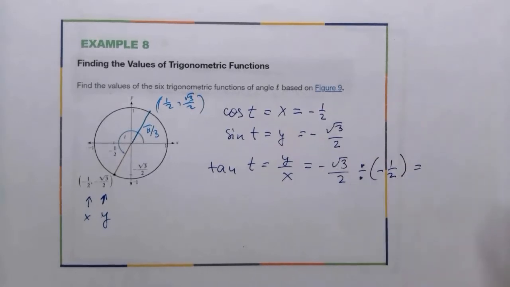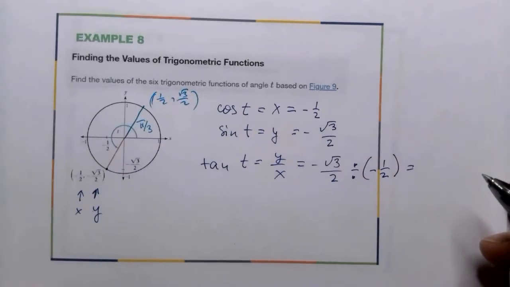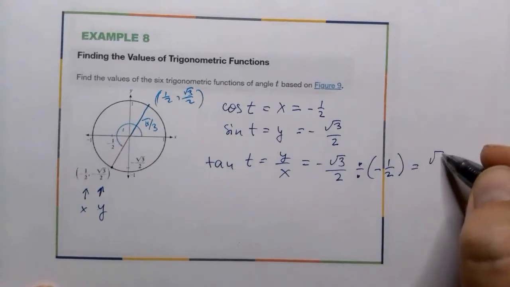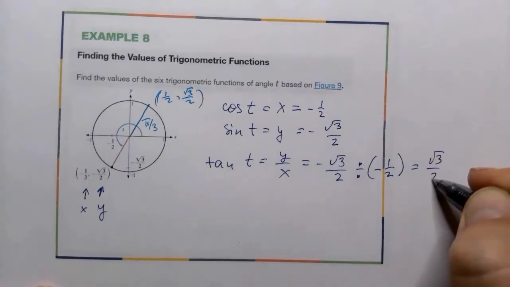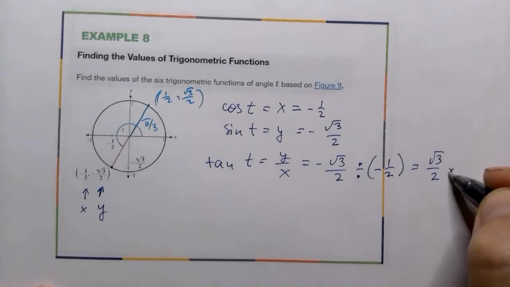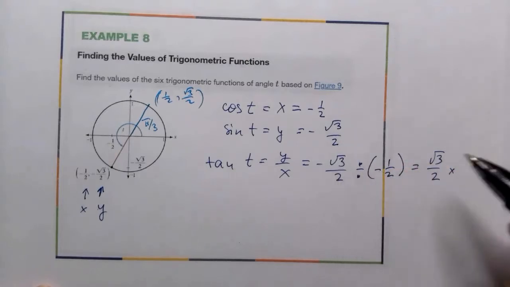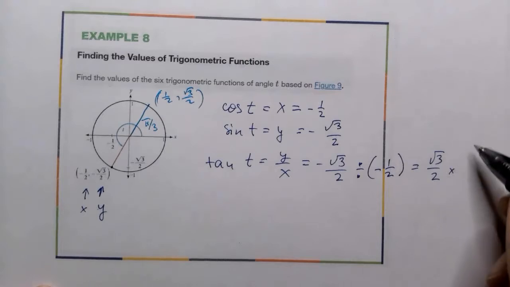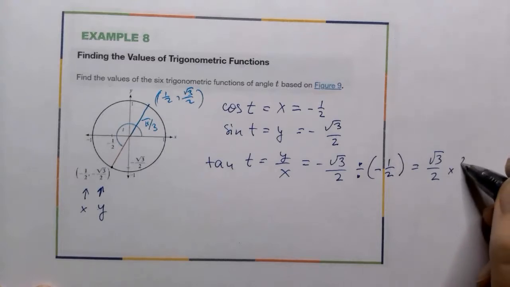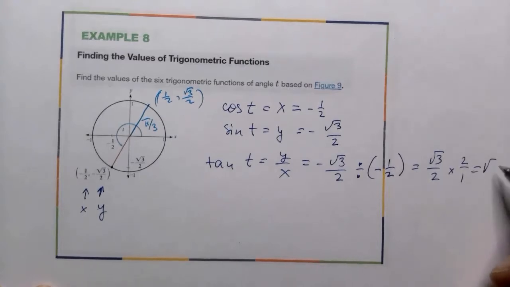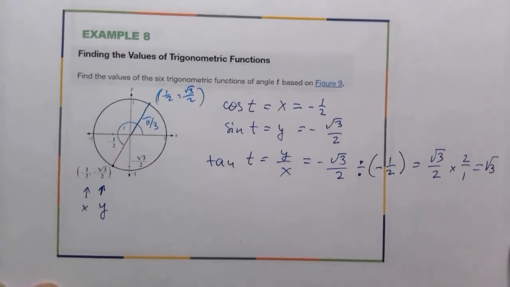So it turns into a product, just like we discussed before, square root of 3/2 times 2/1, and I'm dropping the negatives now because negative times negative is positive. And that's just the root of 3.